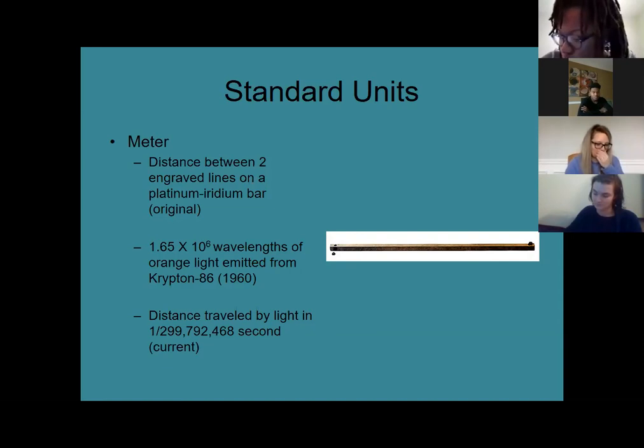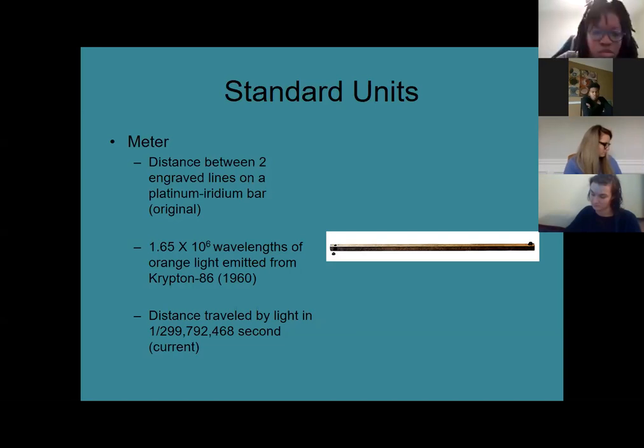Well, it has been refined over time to be more and more precise. In 1960, they changed it from the distance between those two marks to 1.65 times 10 to the 6 wavelengths of orange light emitted from Krypton 86. Now that's very specific. How they came up with that, I don't know. But then it's been refined even again.